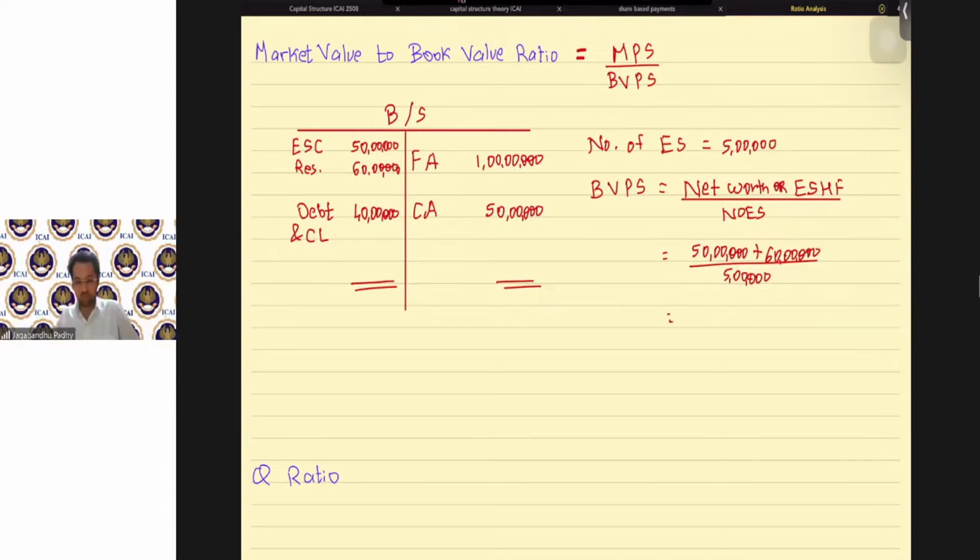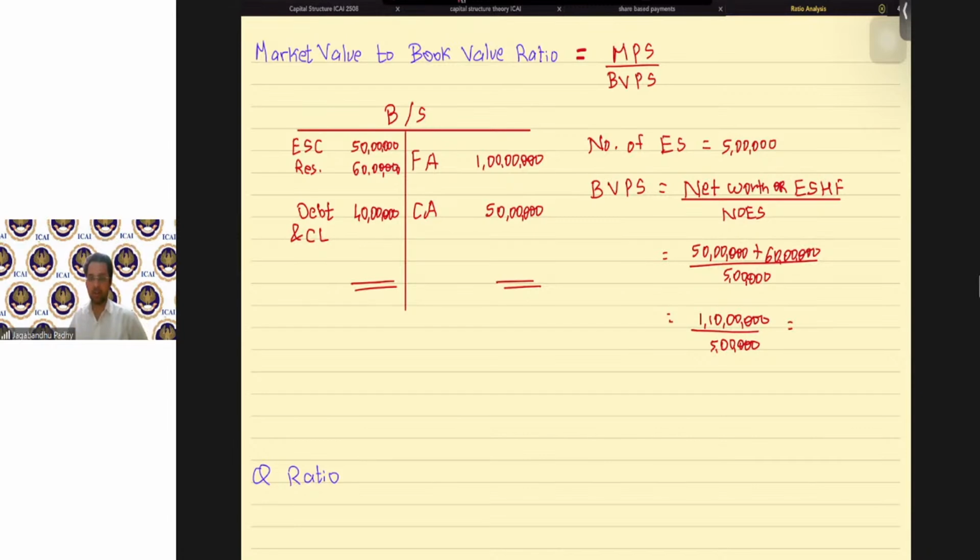So as per the books of accounts, what we observe is the share capital and the reserves in total make up 1 crore 10 lakh for 5 lakh shares.